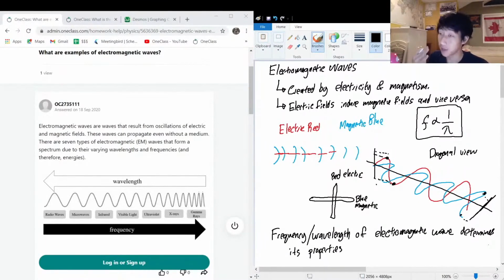Some animals might be able to see infrared light as well, but night vision goggles pick up infrared wave information, and then they transform their infrared information into visible light information, which allows you to see in the dark without a flashlight. It just interprets the infrared lights and transforms that into visible waves.